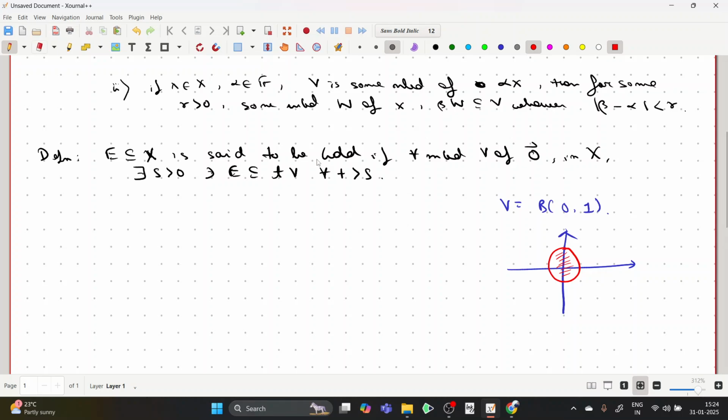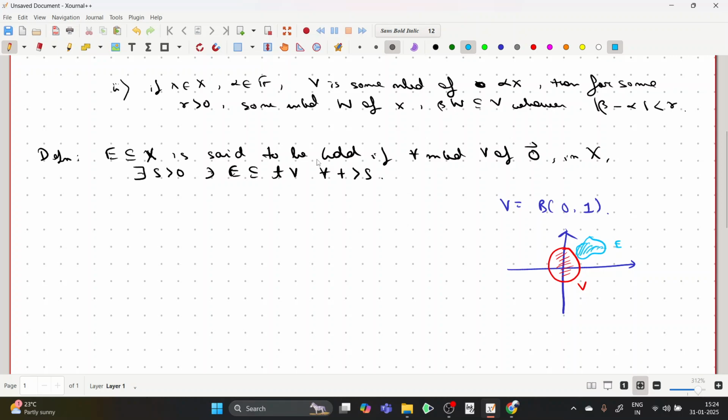Obviously I'm talking about an open disk. Suppose this is my V, and I have a set E which I am trying to define to be bounded. Let's say this is my E.